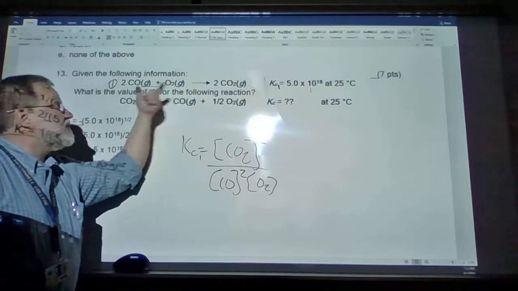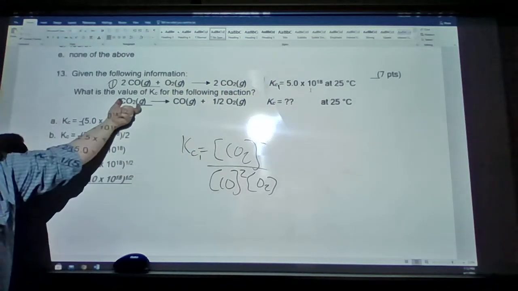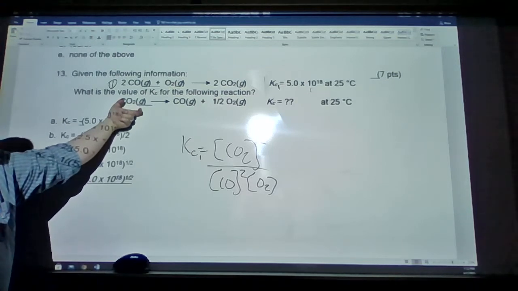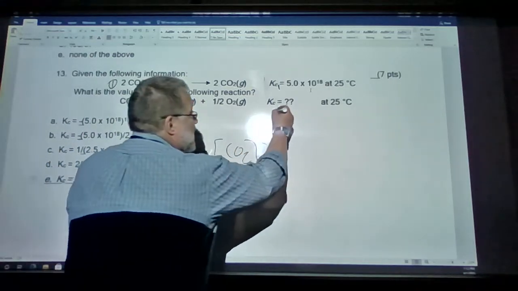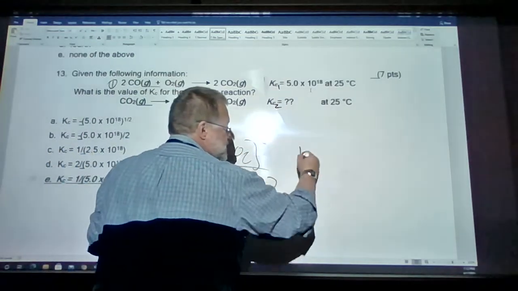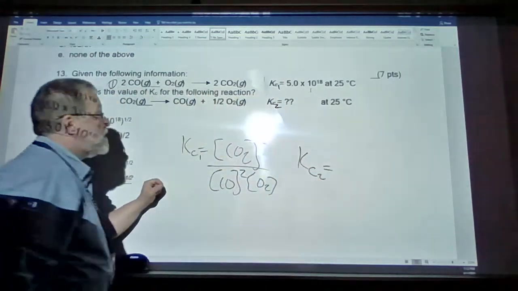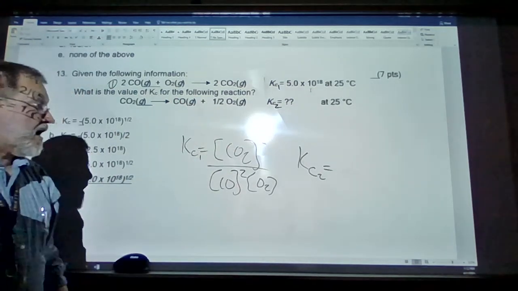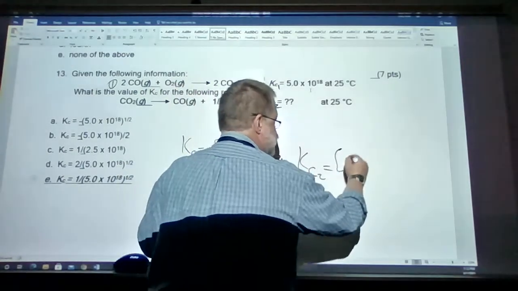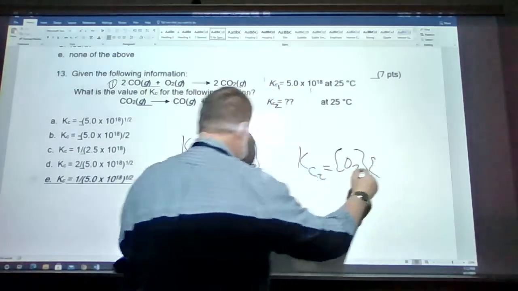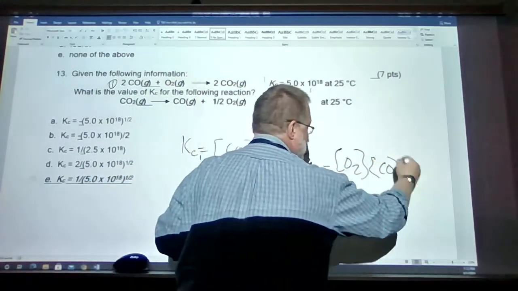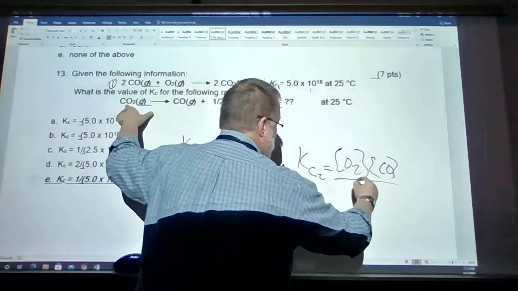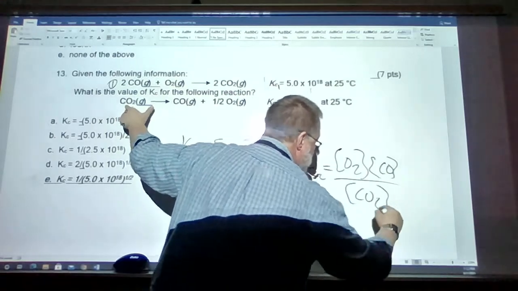Well, since we've flipped this reaction, CO2 now is no longer a reactant, it's a product. So let's call this K sub C2. CO and O2 are now not on the bottom, they're on the top. And CO2 is on the bottom.